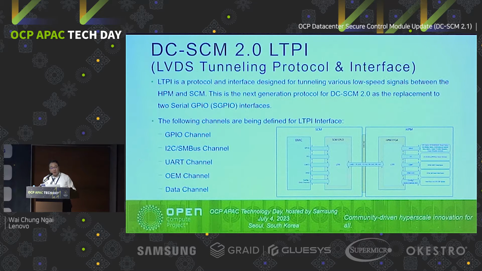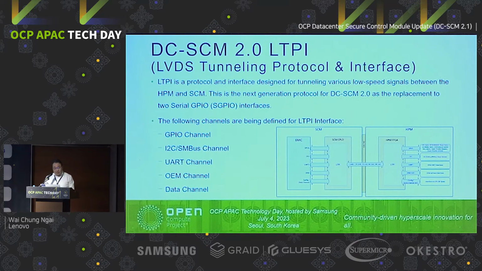So you can imagine the LTPI is like a high speed highway that's going to replace a lot of small narrow roads connecting the cities. So it's a high speed freeway. That means it allows you to have a higher throughput and also higher bandwidth with better scalability.